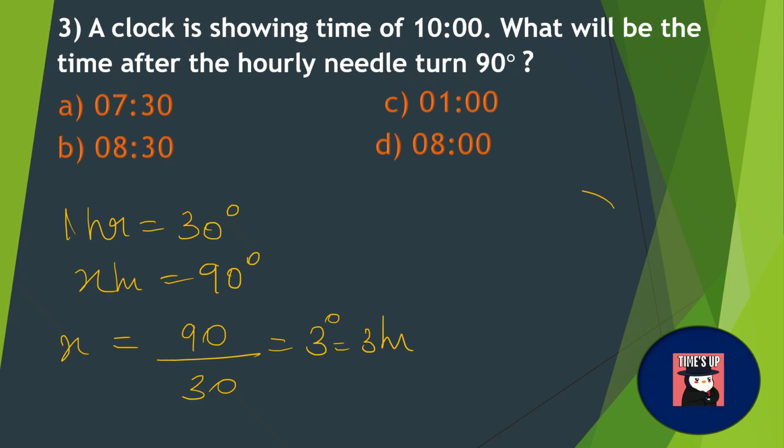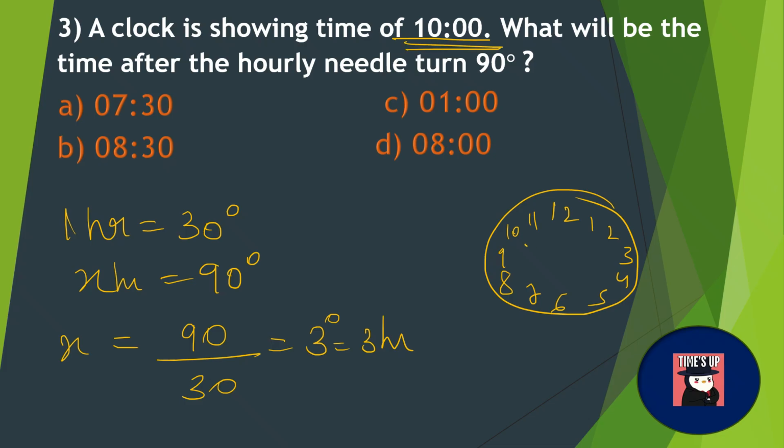So if it is 3 hour, correct? Drawing the clock, wait. So here initially it was 10 o'clock. So our needle will be at 10, correct? Now extra 3 hours we need to add.